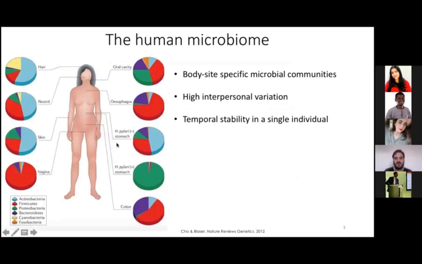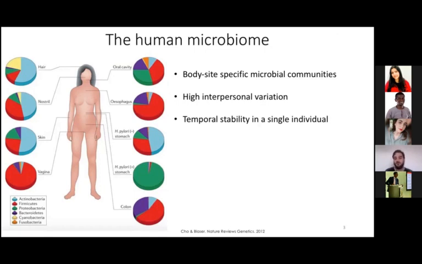What we've seen so far in several landmark studies looking at the human microbiome is that they look specifically at the microbiota in the different niches of the human body. We can see that there are body-site-specific microbial communities. The microbes that you find in your oral cavity are going to be different from the microbes that you find in your stool, versus the ones that you find in your stomach, whether you have H. pylori or not.